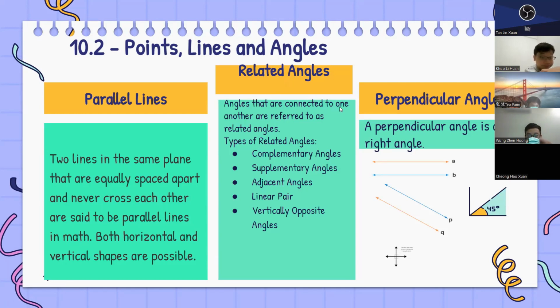Angles that are connected to one another are referred to as related angles, such as complementary angles, supplementary angles, adjacent angles, linear pairs, vertically opposite angles, and perpendicular angles is a right angle.